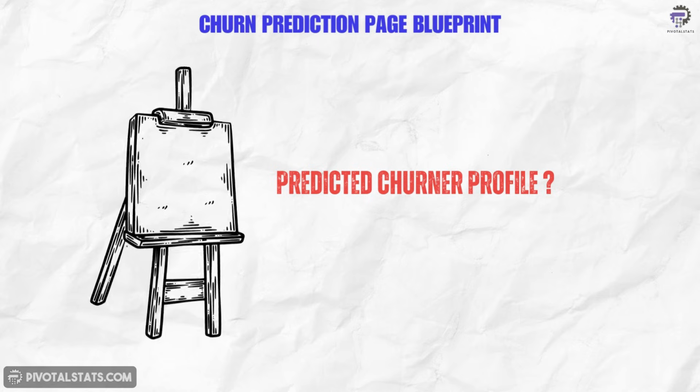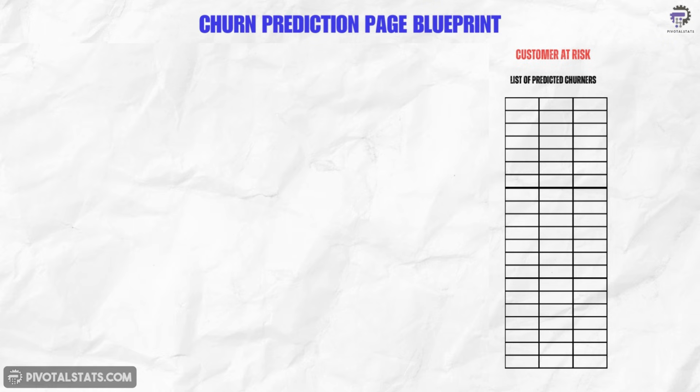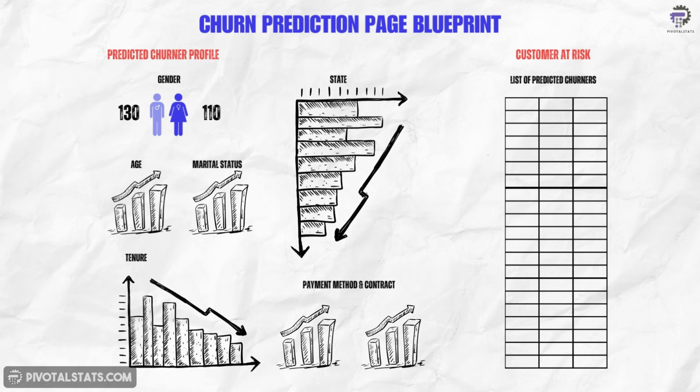So what I'm going to do is I need a grid kind of view which will have my customer IDs, and I would like to include revenue related columns because that is something that we did not include in our first page. And because we are talking about churner profile, we would have to again include demographic related information for all those churners, service related information, and geographic related information.